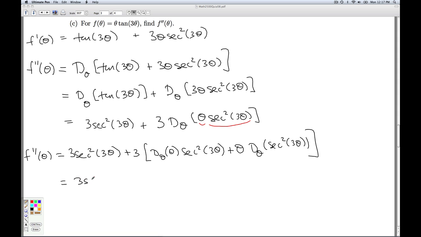So I have 3 secant squared 3 theta plus 3 times the derivative of theta with respect to theta, which is 1, times secant squared 3 theta, plus theta times the derivative of secant squared 3 theta. So I'm going to go off here on the side and look at that problem.